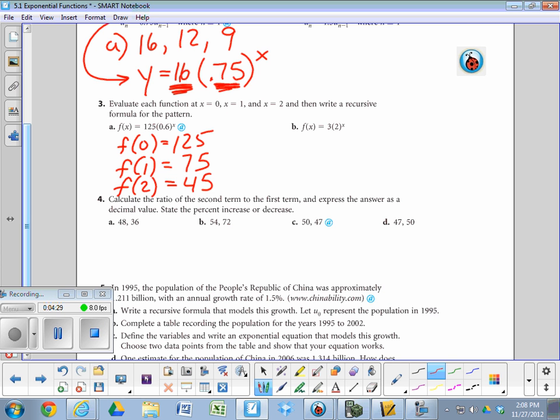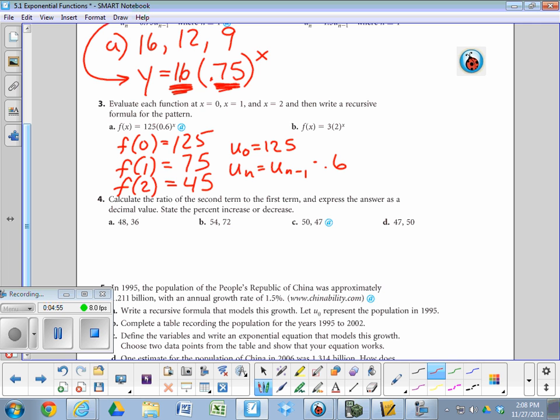The recursive formula would go something like this. You start with 125. Your next term is your previous times 0.6. What percent is this losing every time? 40. It's retaining 60, so it's losing 40.